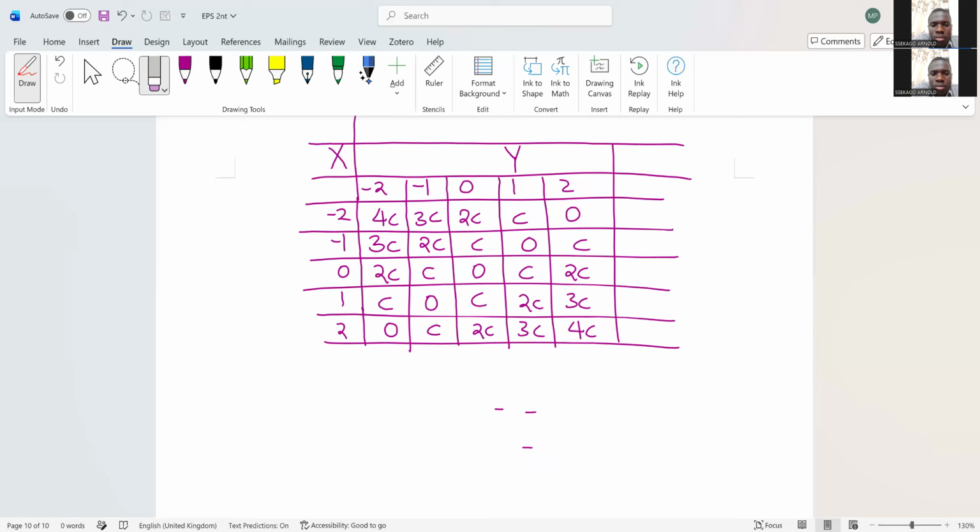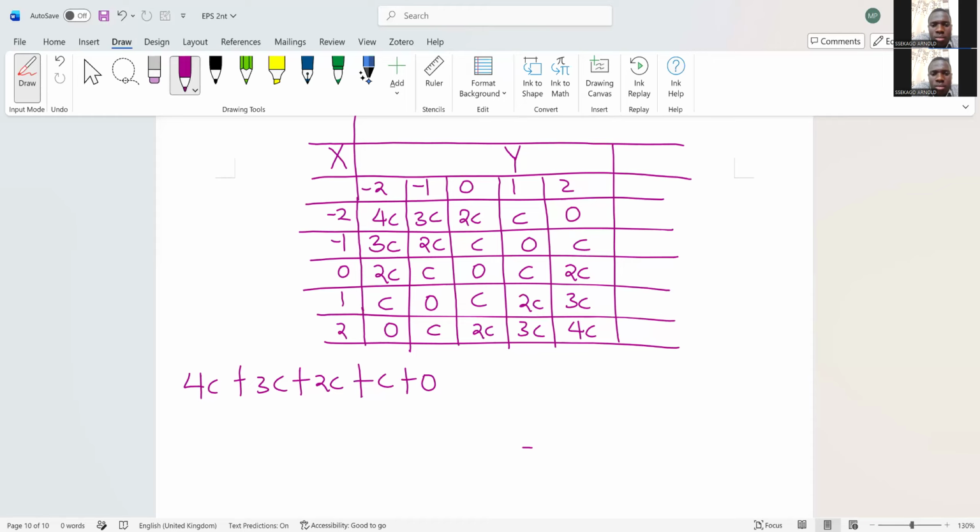So I sum all those possibilities and equate to 1. What shall we have? We have 4C plus 3C plus 2C plus C plus 0, that is for the first row.